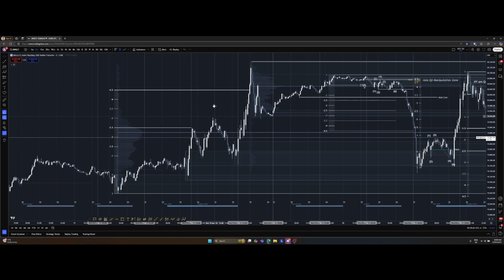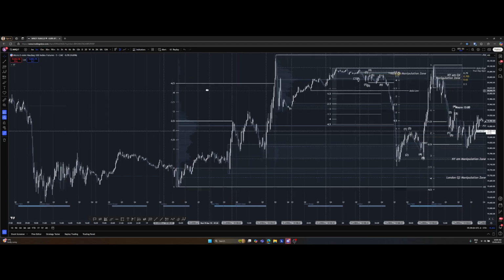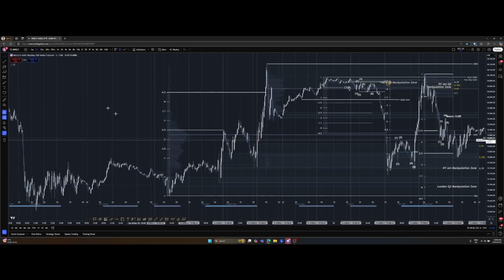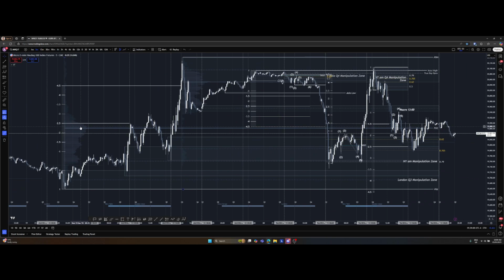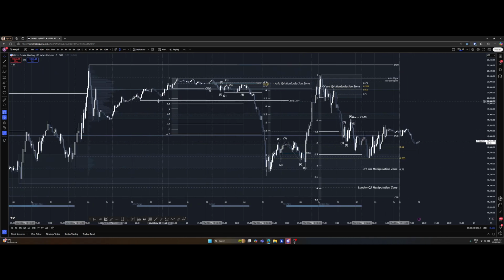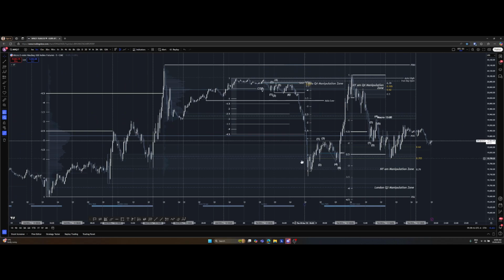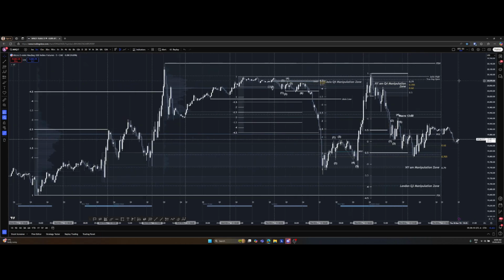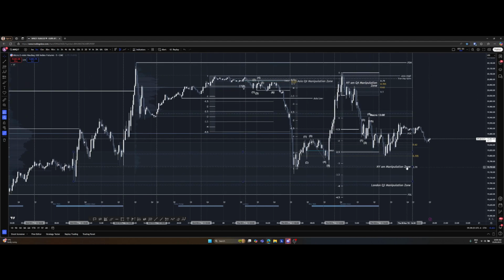Definitely been a nice week for these standard deviations and the 5-minute manipulation zones. They work really well in these consolidation conditions and allow you to go both ways rather than just a bullish trend. Interesting to see how this plays out at the moment.